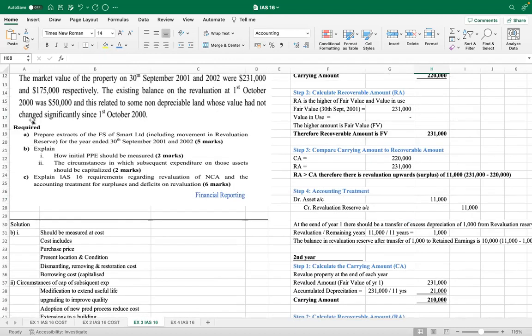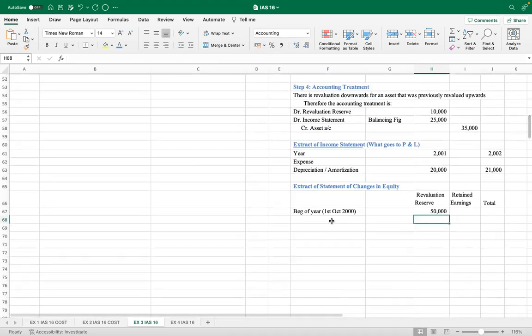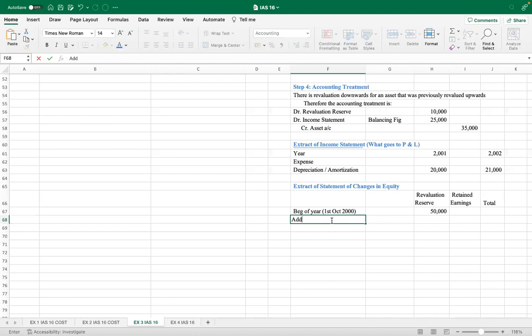There was on 1st October 2000, 50,000. This was revaluation on that date. And then add revaluation surplus. It was 11,000 in the first year.